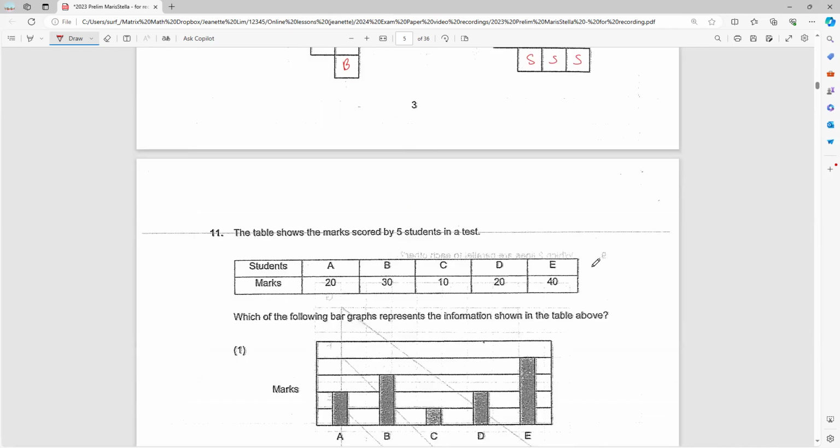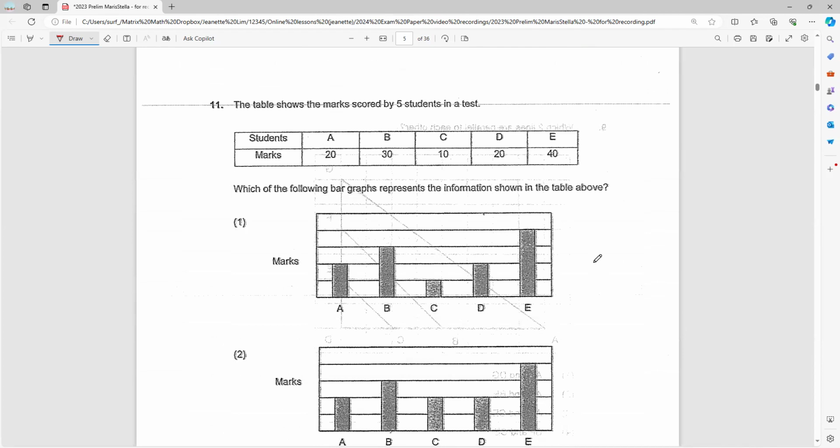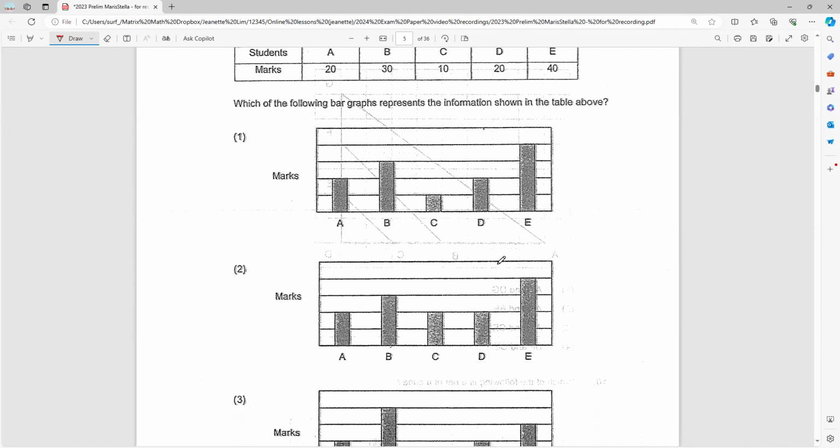Question number 11. The table shows the marks scored by 5 students in a test. Which of the following represents the information shown in the table? In the table, you have the marks of 5 students, A, B, C, D, E. Let's compare.